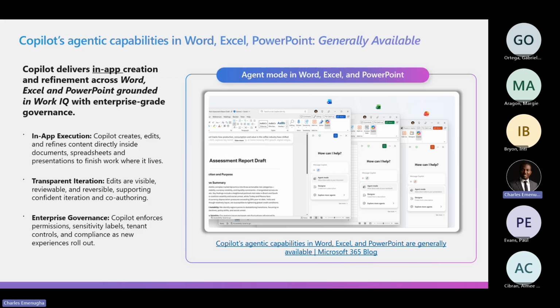Now, a key shift here is the transparency and confidence. The changes are applied directly to files and are fully visible, reviewable, and also reversible. And also they support co-authoring so that teams can iterate on a single version rather than managing multiple drafts.